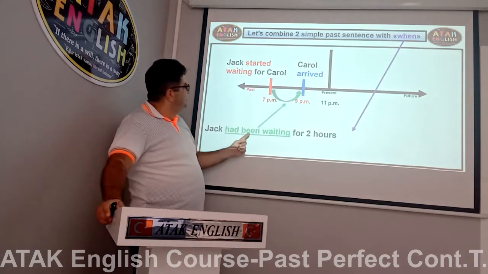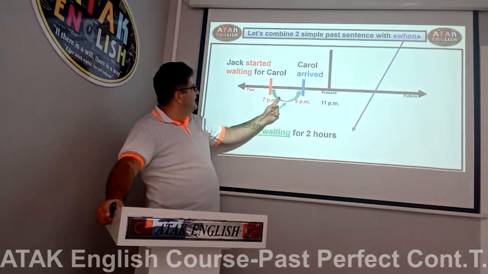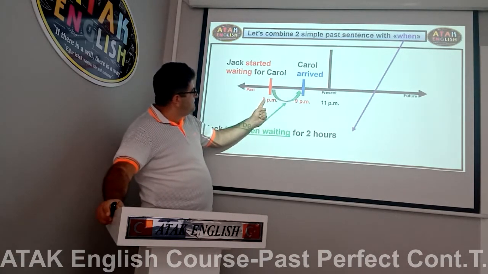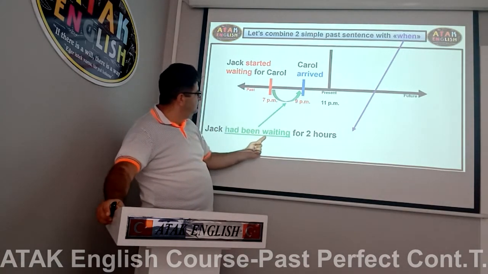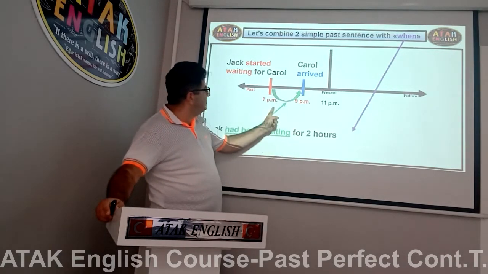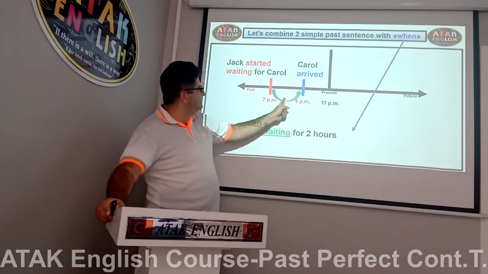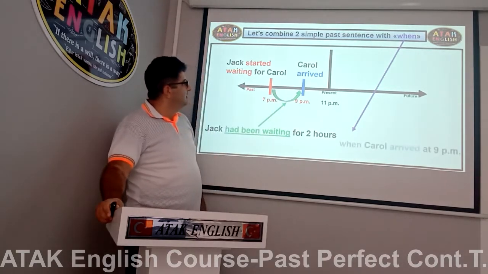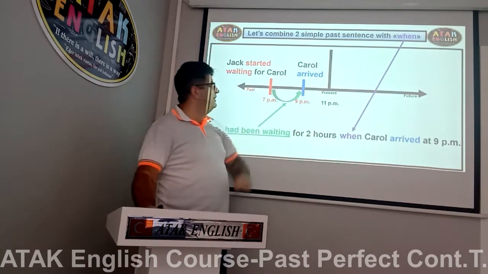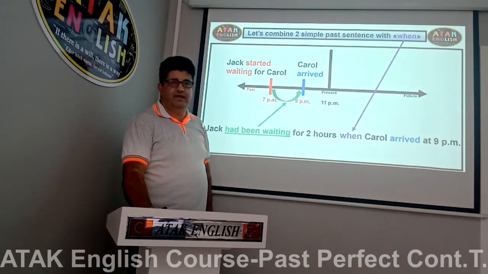Jack had been waiting. Why? Because he started waiting at 7, but had been waiting for 2 hours. This time period is 2 hours. When Carol arrived. Okay?